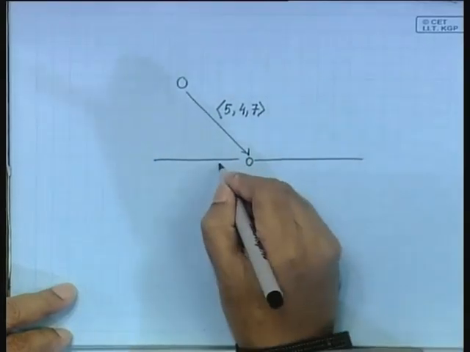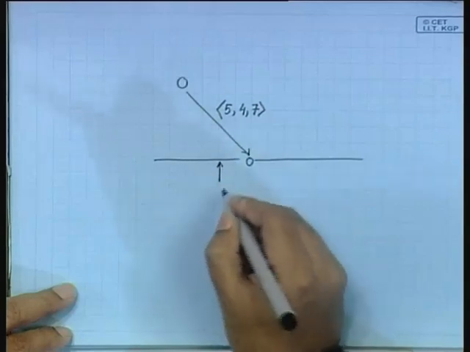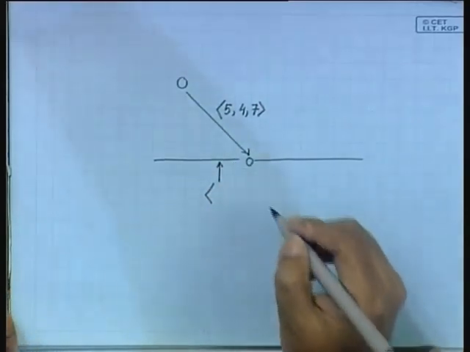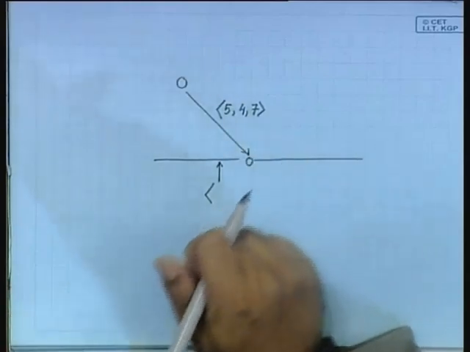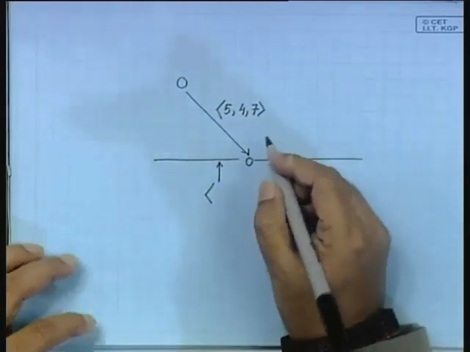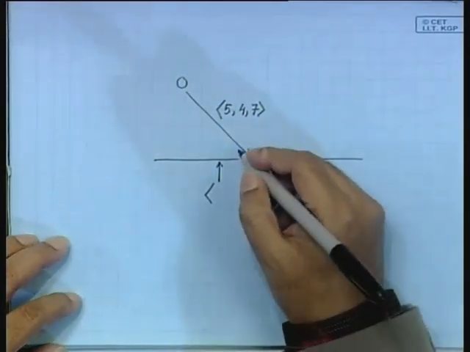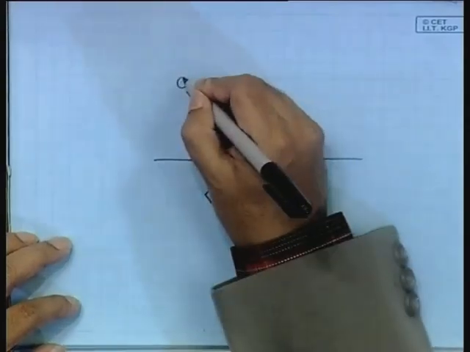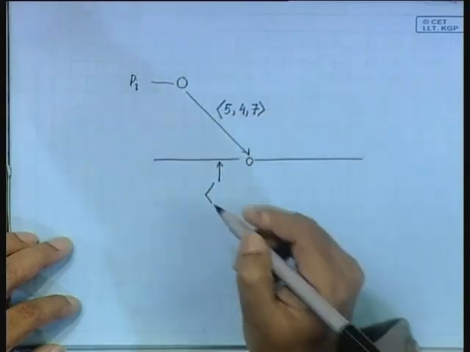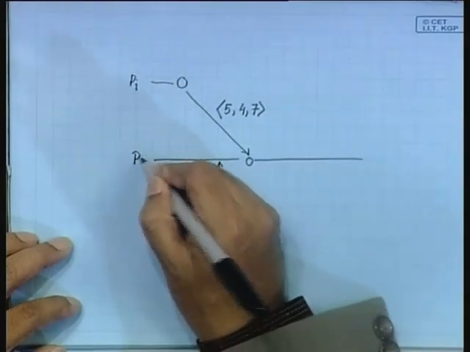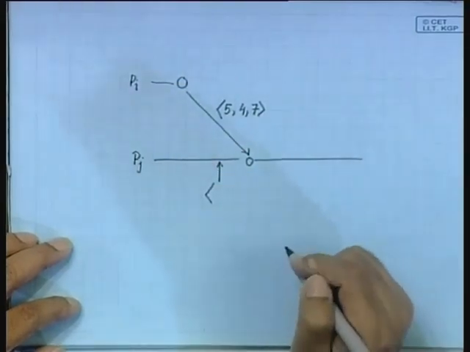let us say that the vector timestamp here, now this is a message which is received from Pi, and this is Pj, all right.